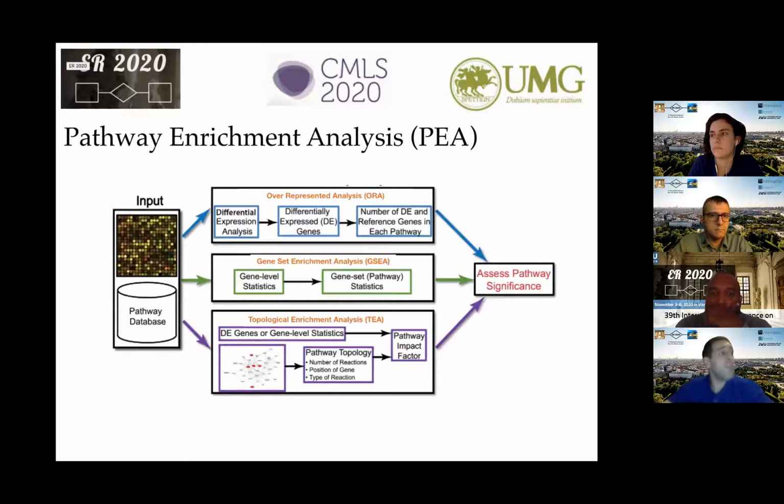Pathway enrichment analysis is very useful to gain information about the biological context of differentially expressed genes. And pathway enrichment analysis, PEA, can be classified in three classes: overrepresentation analysis, gene set enrichment analysis, and topological enrichment analysis, TEA.